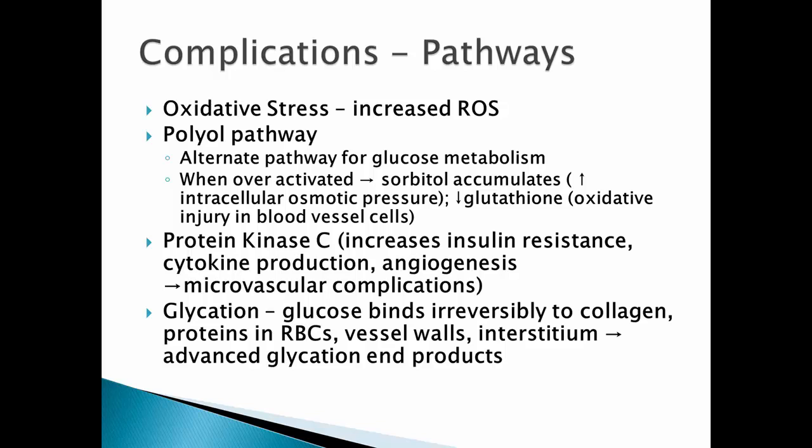And last but not least is glycation. In glycation, the glucose binds irreversibly to collagen, proteins in the red cells, the vessel walls, and the interstitium. Now, this is important because binding should be reversible, not irreversible. So when the glucose makes these irreversible binds, there are advanced glycation end products which cause tissue injury.